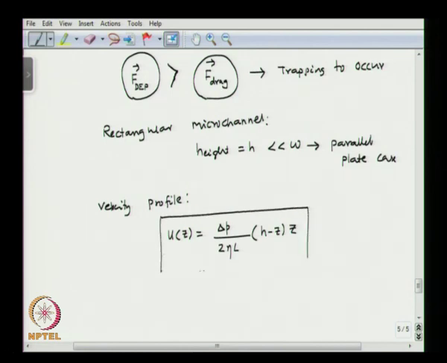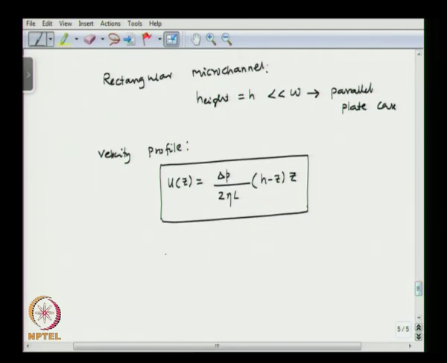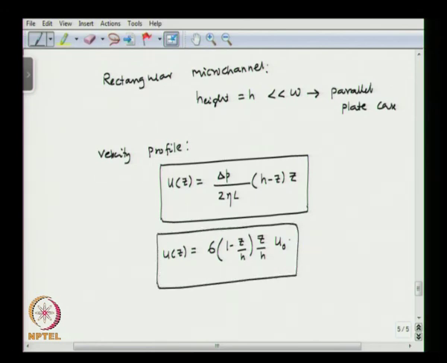This is how the velocity of the fluid containing the particles is going to vary. We can also write this in another form: uz is going to be 6 into (1 minus z by h) into (z by h) into u0, where u0 is the average velocity, which is Q over W H.